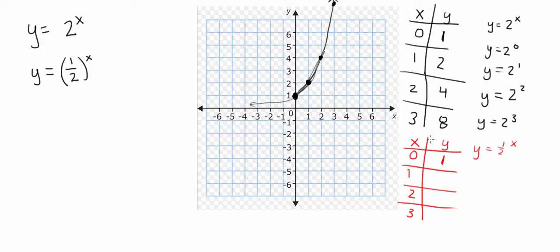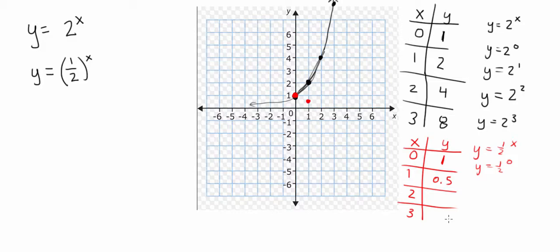When we put in 0, we end up with 1, so we have this intersection point there. Then 1/2 raised to the first power gives us 0.5, so our next point is down there.